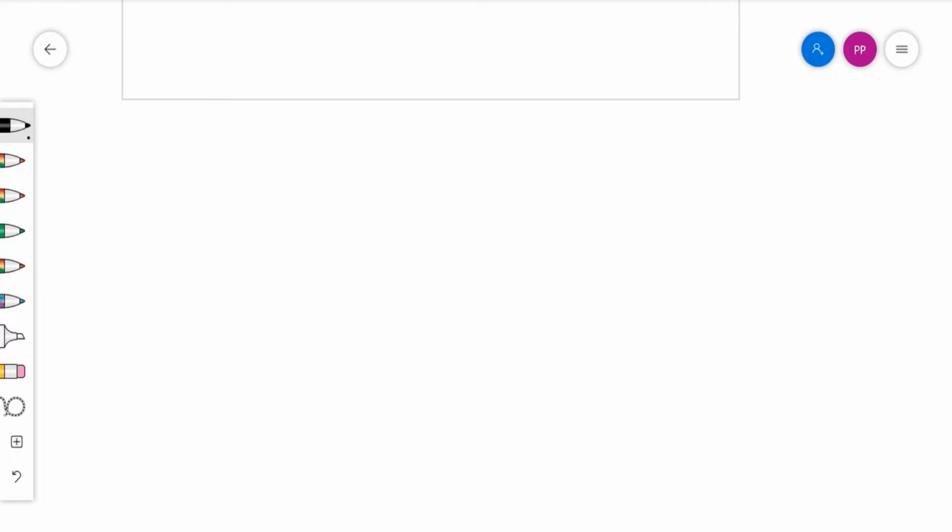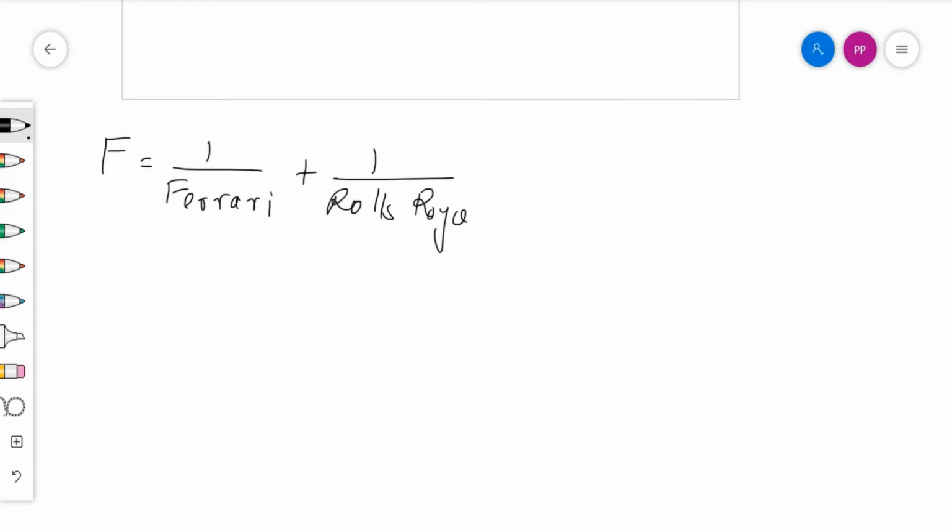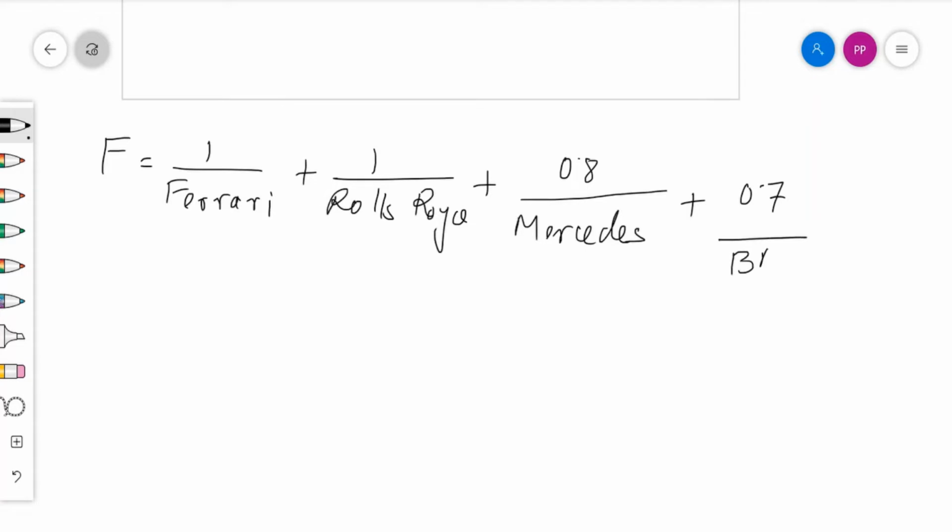If we recall the example of the expensive cars, the fuzzy set F of expensive cars can be represented as 1 divided by Ferrari plus 1 divided by Rolls-Royce plus 0.8 divided by Mercedes plus 0.7 divided by BMW plus 0.4 divided by Buick.